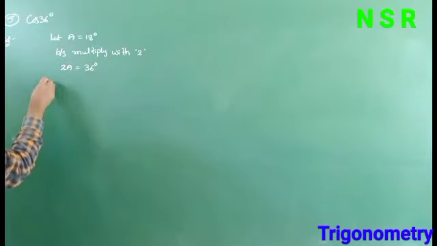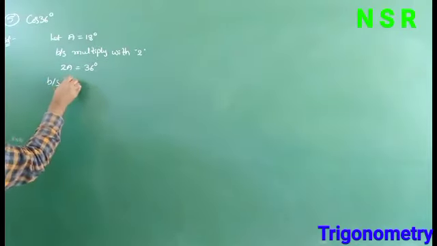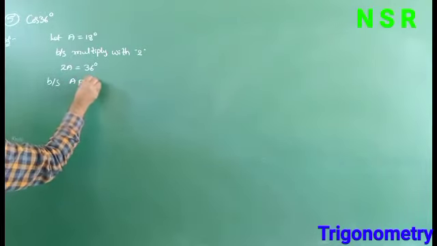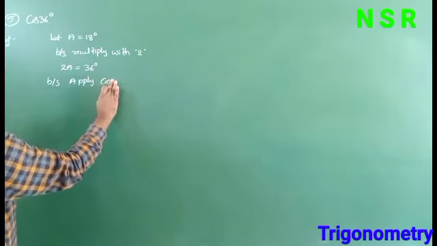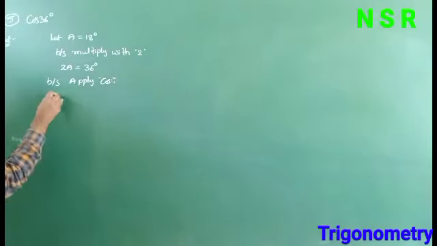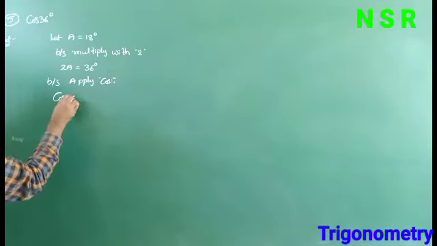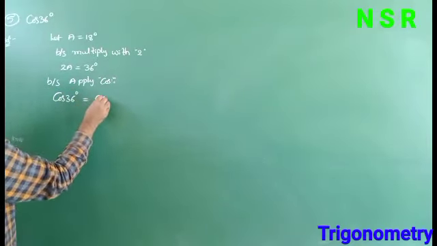So apply cos on both sides. So we get cos 36 equal to cos 2a.